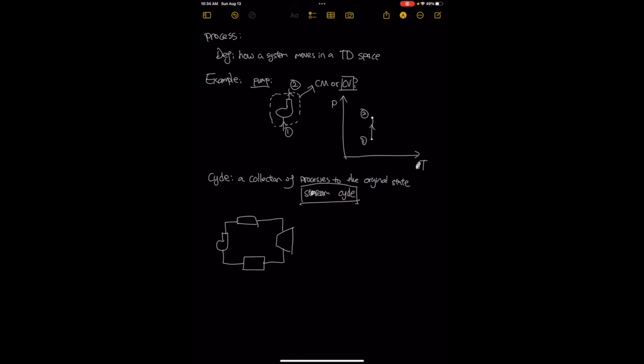We're typically starting with a pump, this pump. The second is the boiler. On the right-hand side we have the turbine. I will explain them one by one. And on the bottom we have the condenser.